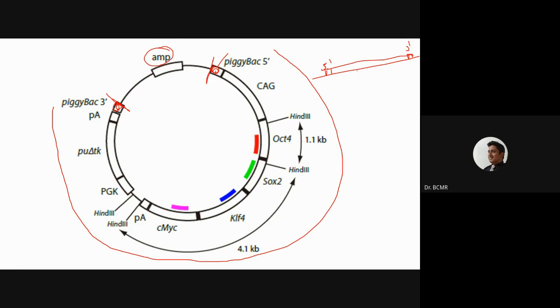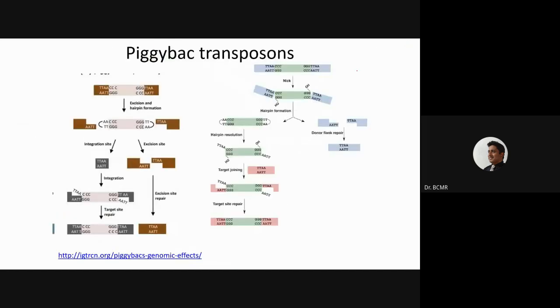The first question: why did we choose piggyBac transposons? Because piggyBac transposons are special. Unlike many other transposons, they do not leave a fingerprint. What is that fingerprint? The normal cut-and-paste transposons, or in general, transposons, leave a target site duplication.